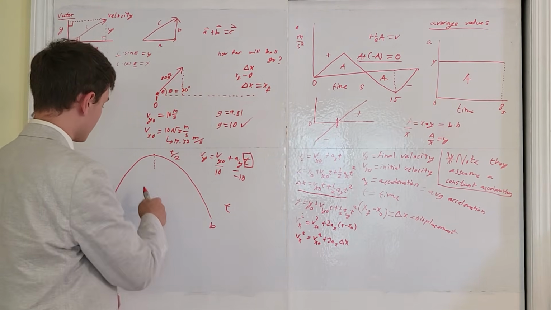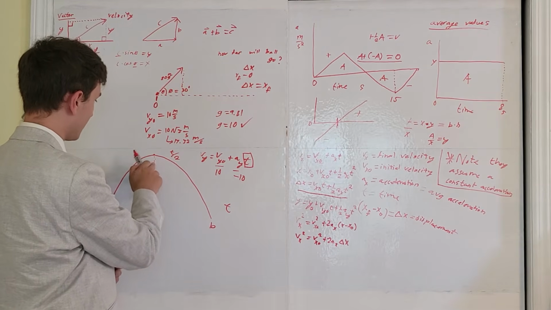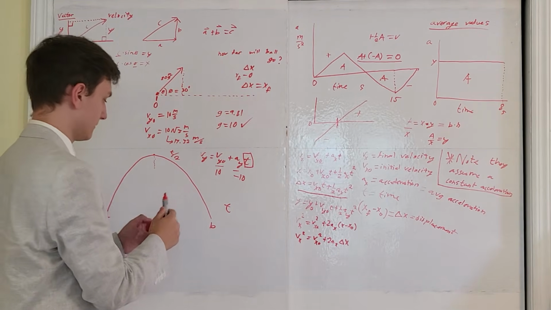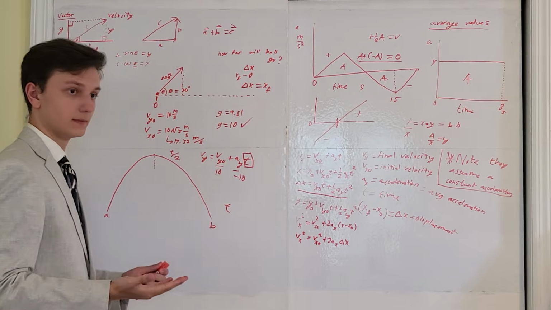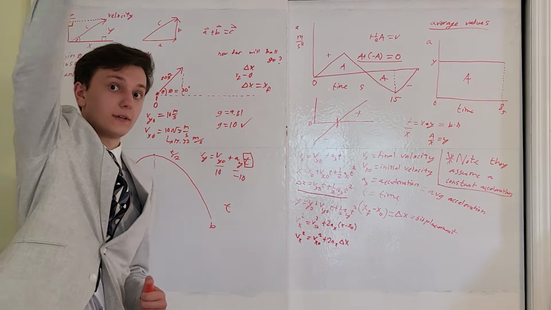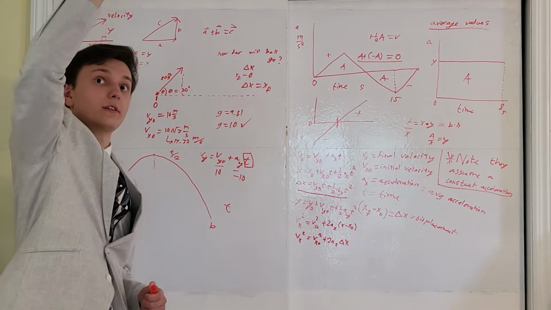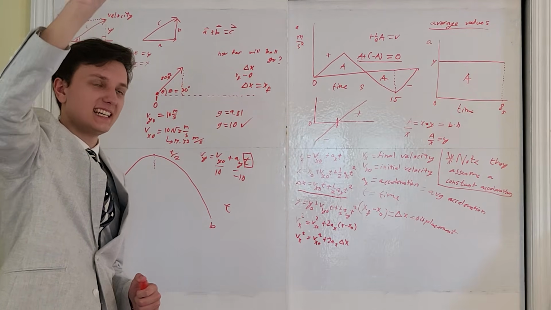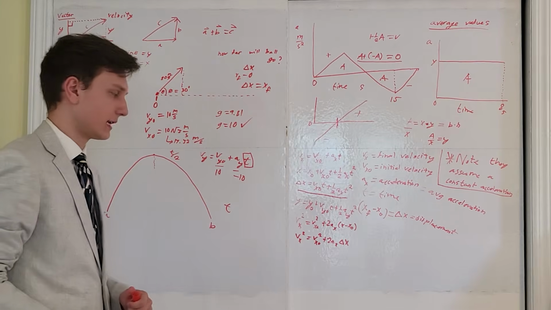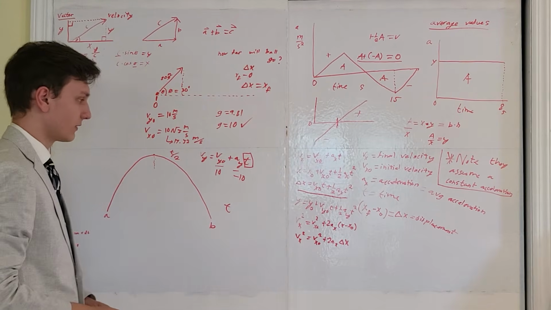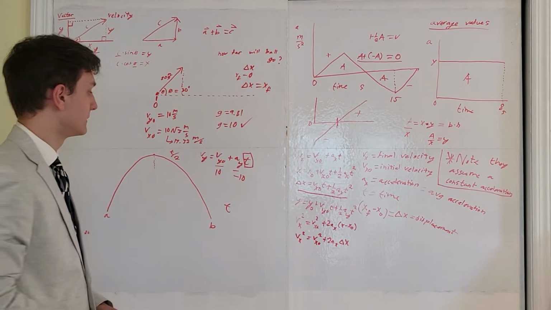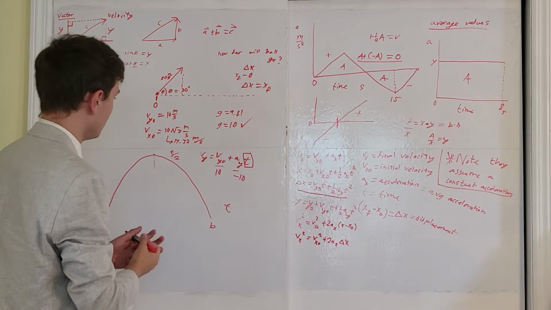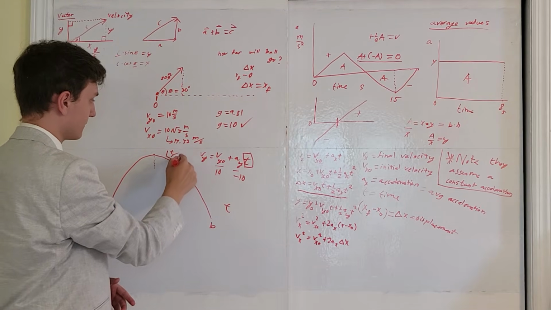So, I know my final velocity in the y direction is 0, because at the very top of the arc, you're not traveling upwards anymore, and at that exact instant, you're not traveling downwards yet. So at the very top of the arc, your velocity in the y direction is 0. We can use that to solve for half of the time.